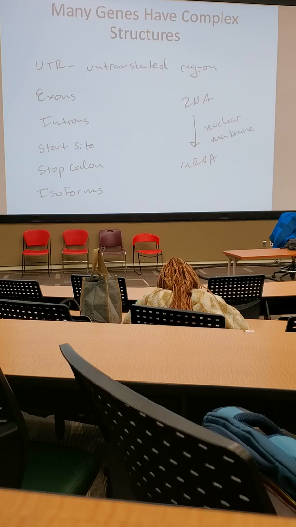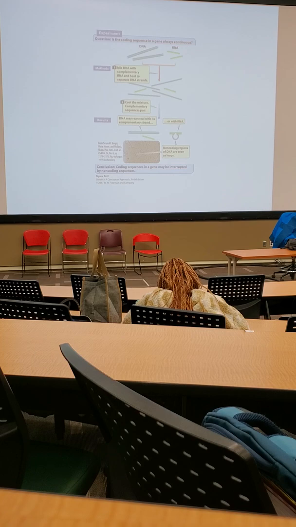A lot of the rest, exons and introns, are properties of the RNA itself, but there are things that we're going to add on top of the RNA to facilitate that passage through the nuclear membrane to where the ribosome is. So this really challenges what people for a long time dealt with, the linear model of DNA.